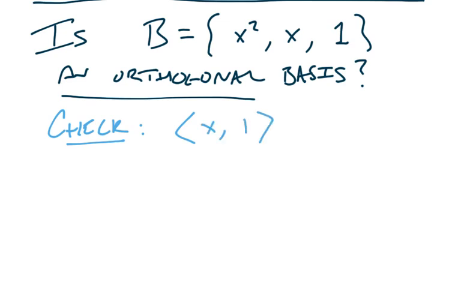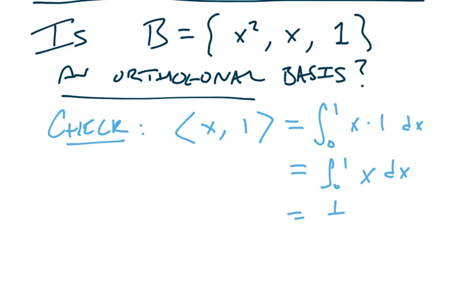Alright, so let's consider the inner product of x and 1, for example. This is going to be the integral from 0 to 1 of x times 1 dx. This is the integral from 0 to 1 of x dx, which is 1/2 x squared from 0 to 1, which is 1/2.